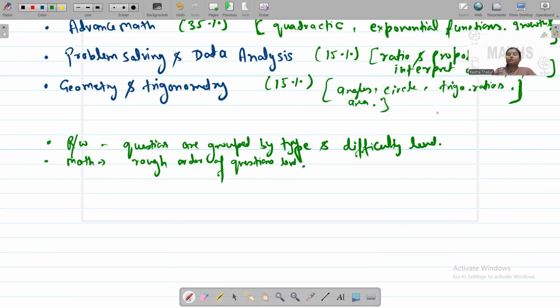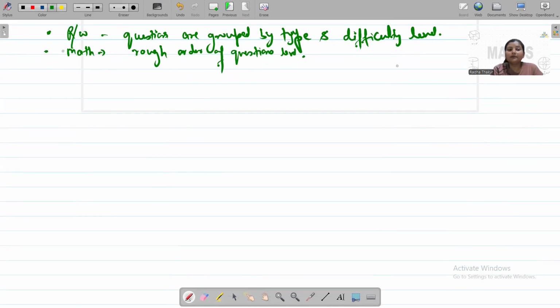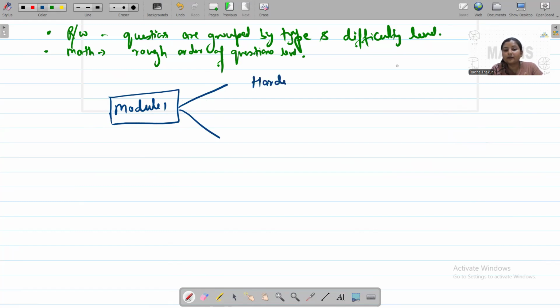Again, as it is an adaptive test, if you are doing very well in module one, if your score in module one is very high, in that case, you may get harder questions in module 2.